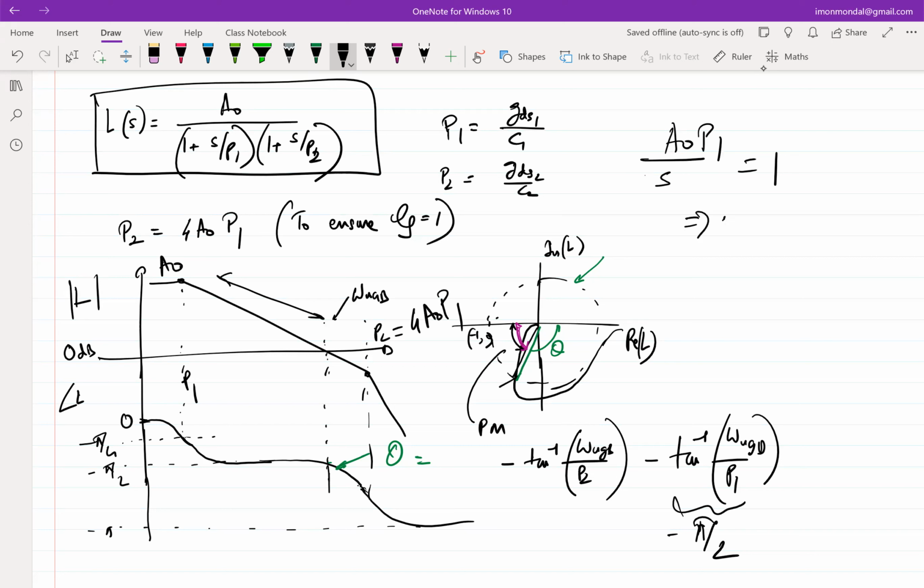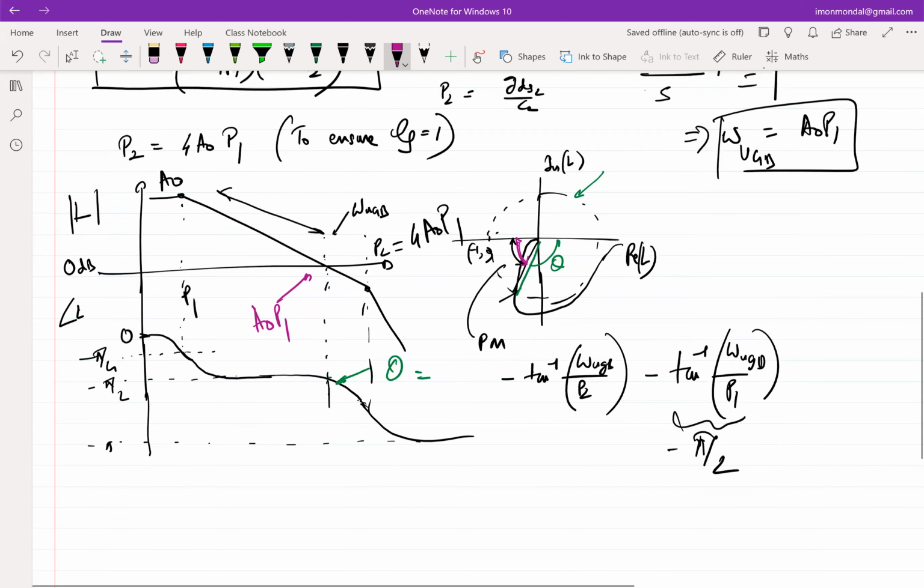So your omega becomes A0 P1, omega UGB. So if that is the case, this becomes A0 P1, and P2 is at 4 A0 P1. So naturally, my assumption is correct. So UGB lies somewhere within P1 and P2.